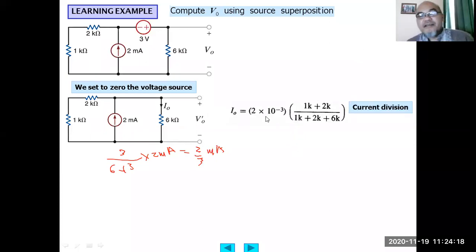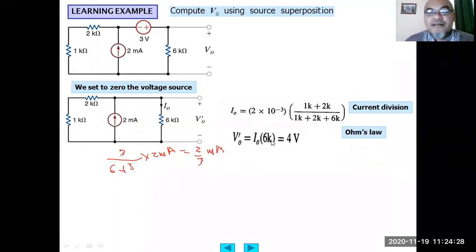This is current division: 3K divided by 9K, or 1/3 of this 2 milliampere.